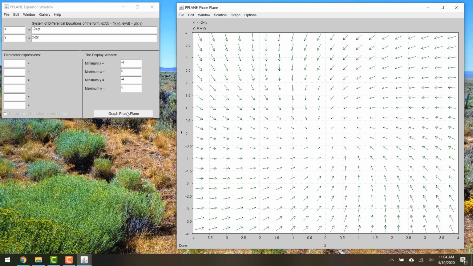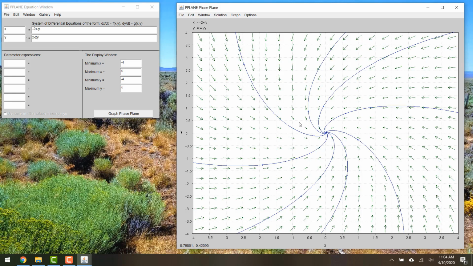Both will shrink towards 0 as time goes to infinity. So you expect solutions to again approach the origin like they did in the nodal sink, but they're going to do it in a spiraling fashion this time. So we're going to call this a spiral sink. All solutions head towards the origin, and as time goes to infinity, they never quite get there.